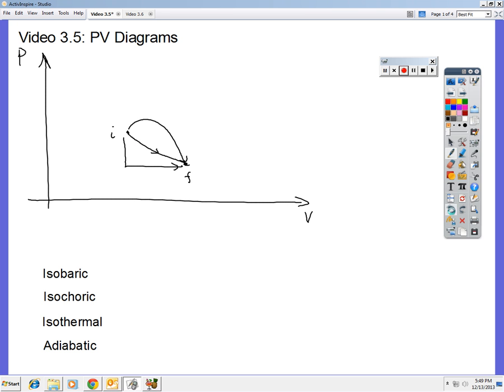So I'm going to remove that for now. The first kind of process, and this is our list of processes that you need to know about, is an isobaric process. In an isobaric process, the pressure is constant. Iso is Greek for the same. Baric is the word we use for pressure.